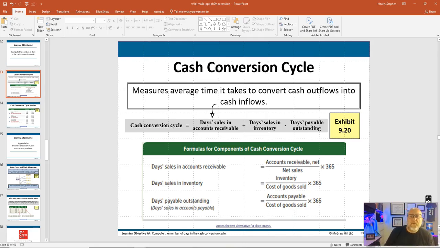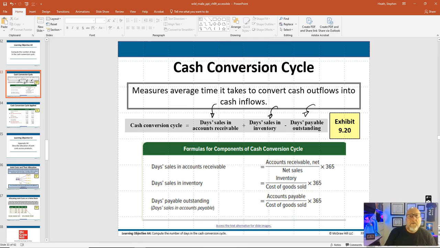That's days in accounts receivable. Days sales in inventory. So how long is something sitting on the shelf? And then finally, days payable outstanding. How long does it take for us to pay our accounts payable? The combination of those three is how we determine the cash conversion cycle.